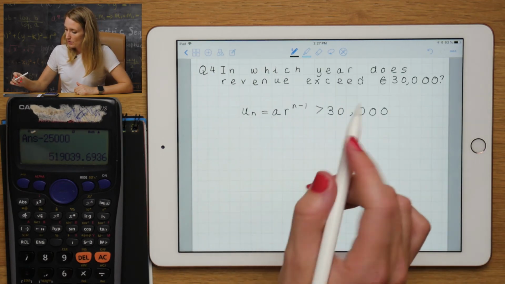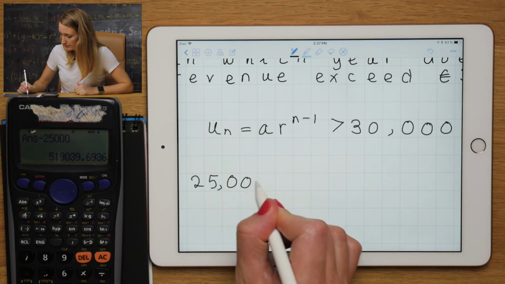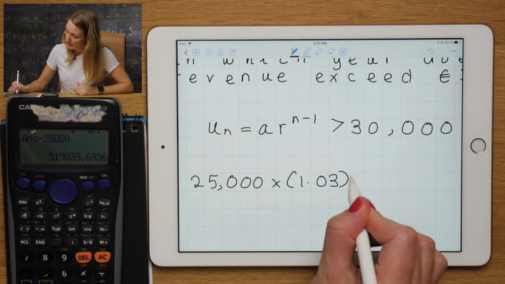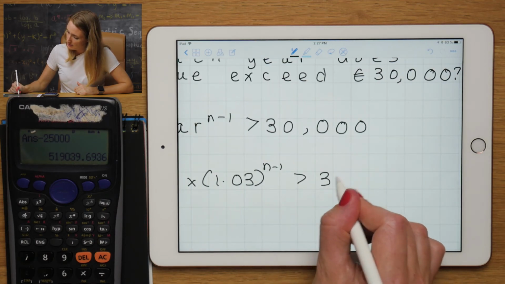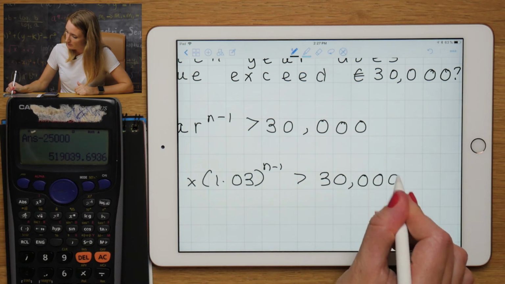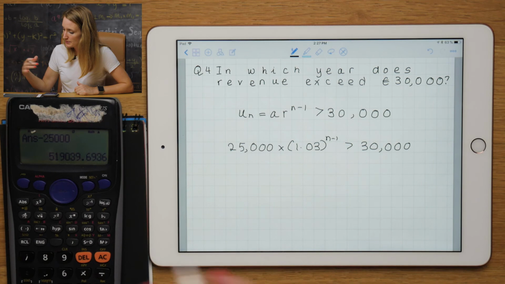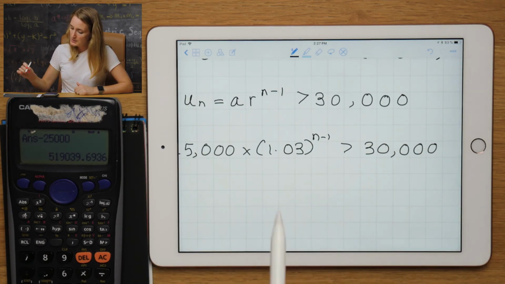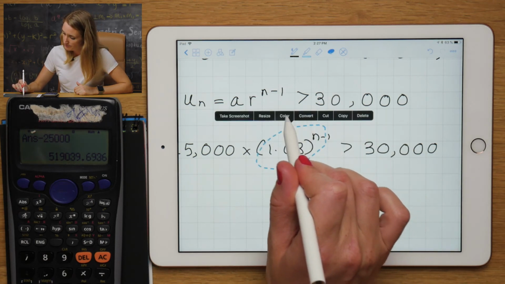Okay, so I'm going to put in here my a is 25,000 times my r is 1.03 to the n minus 1, bigger than 30,000. So this is my revenue here. That's the formula for how much money is coming into the company, and I need the revenue to be bigger than 30,000. So what you need to do is solve for 1.03 to the n minus 1.